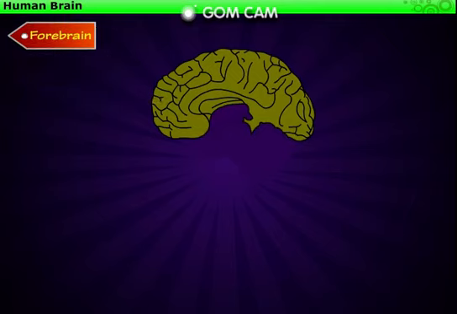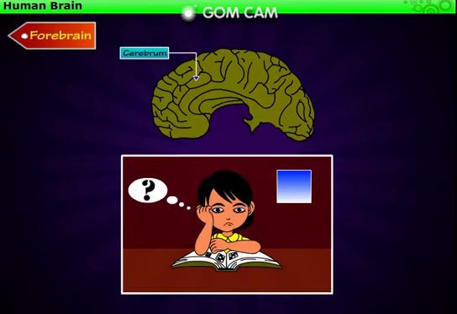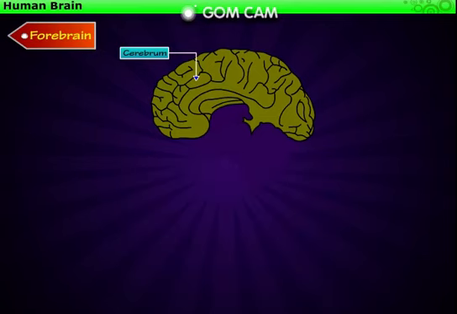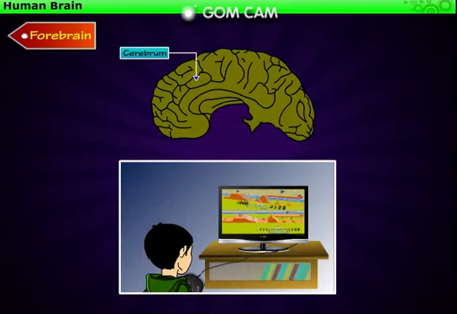The forebrain consists mainly of the cerebrum. The cerebrum is the main thinking part of the brain. It is the site of our activities, such as learning, reasoning, intelligence, personality, and memory. Thus, you are able to play video games due to this part of the brain.